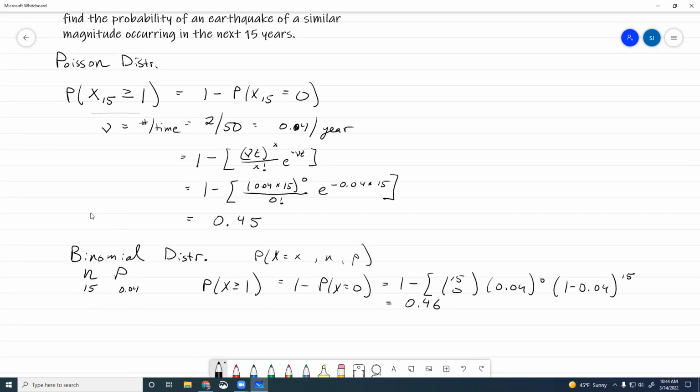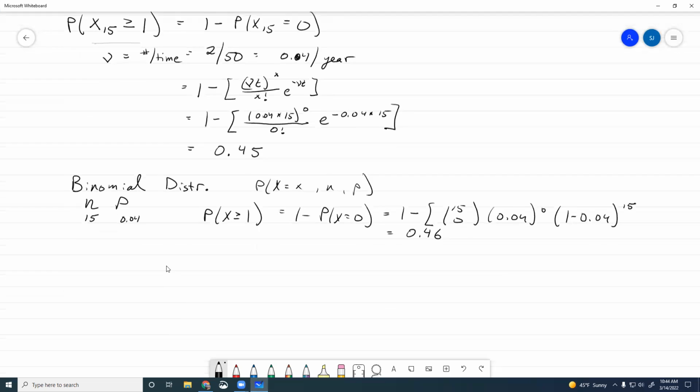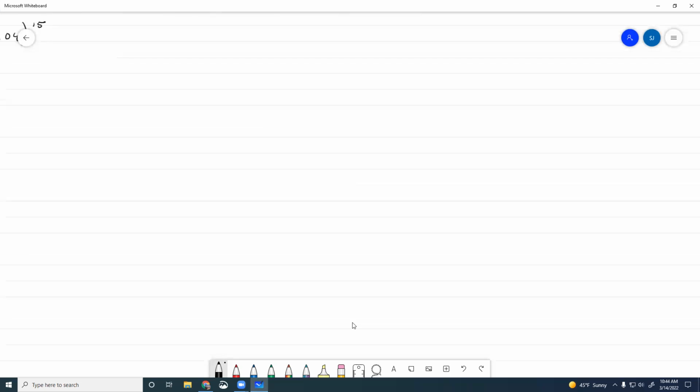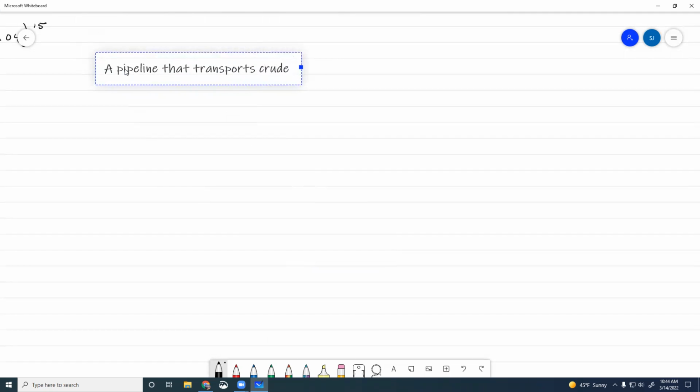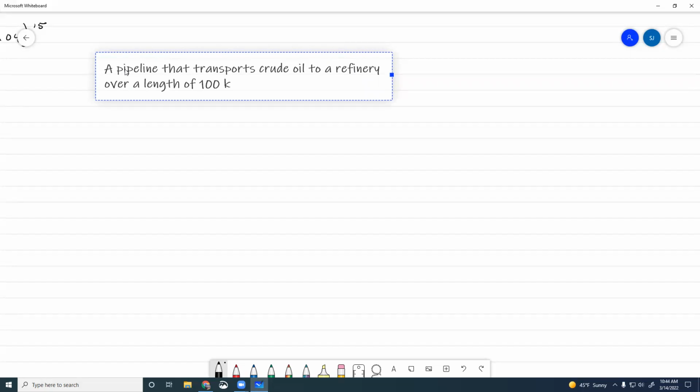Let's do one more. This will be a space example. Not an outer space example, although I should have those. We have a pipeline that transports crude oil to a refinery over a length of 100 kilometers.